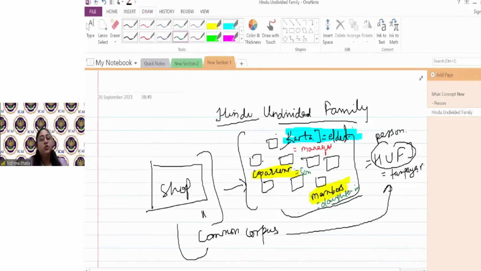But the child of the daughter-in-law and son would be a co-partner because he is born in the same family. The blood relation continues. He is born in the same family, so he would be called a co-partner. So anyone becoming part of the family, not by birth, but by marriage, like the daughter-in-law, or even the mother, is not part of the family through birth.